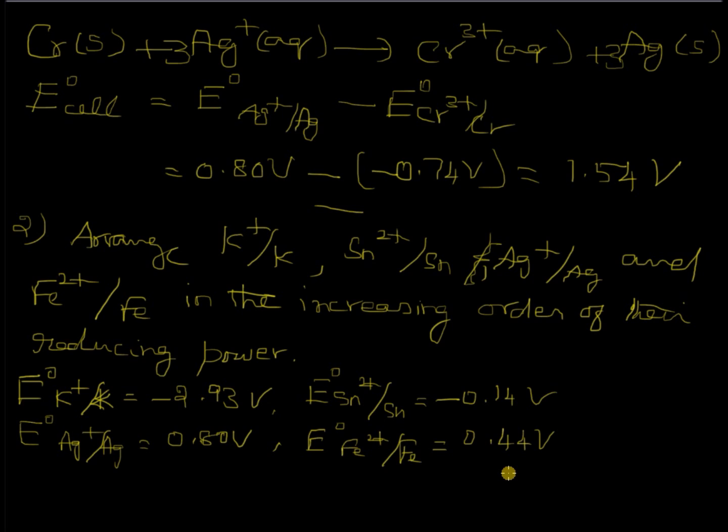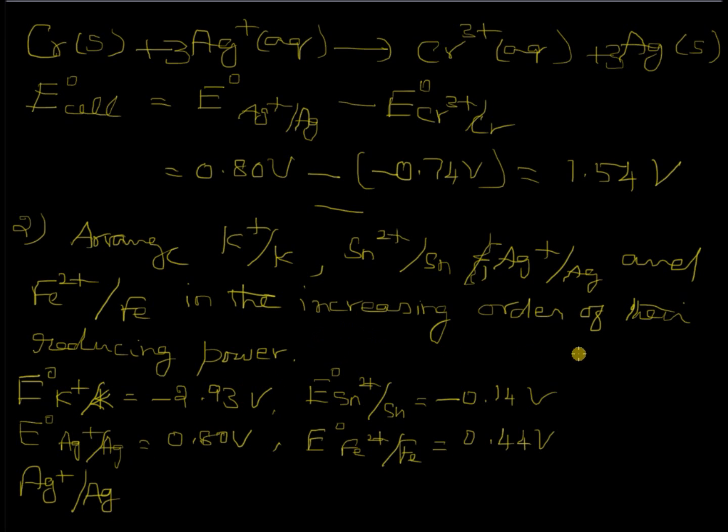So when it is oxidized spontaneously, it would be a very good reducing agent. Hence, the one with the lowest value will have the highest reducing power. The one with the highest standard electrode potential value will have the least reducing power. That way, we find that silver has the highest value here. So Ag+|Ag will have the least reducing power.